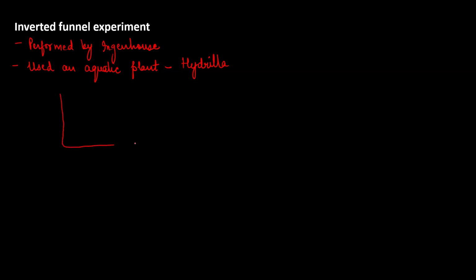He took the aquatic plant Hydrilla in water and then covered this plant with a funnel, the inverted funnel. When he exposed this plant to the sunlight, what did he find?